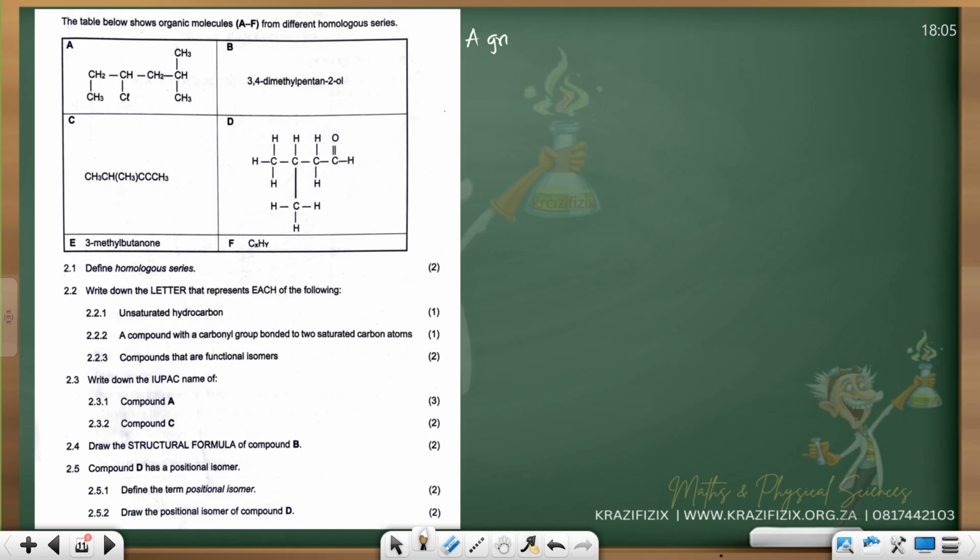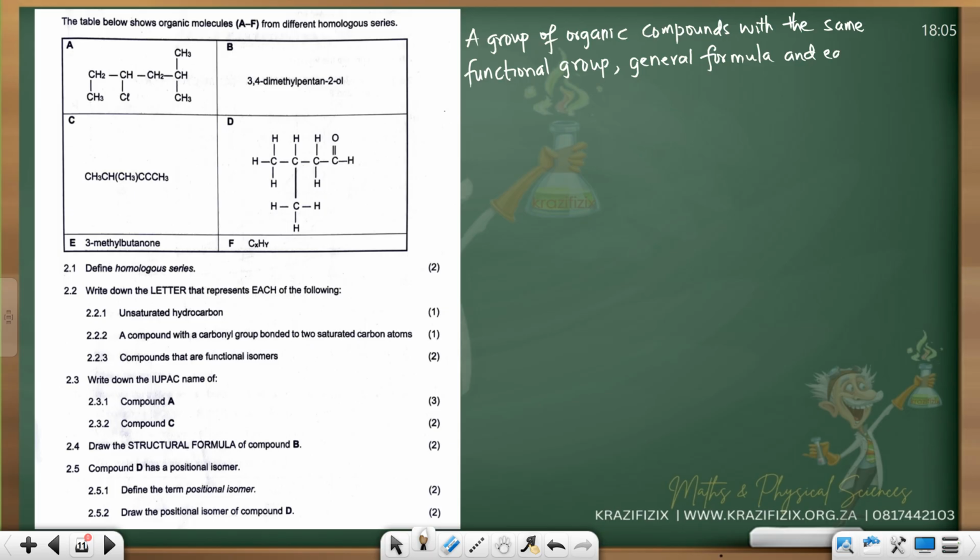A group of organic compounds with the same functional group, general formula, and each member differs from the next by CH2.